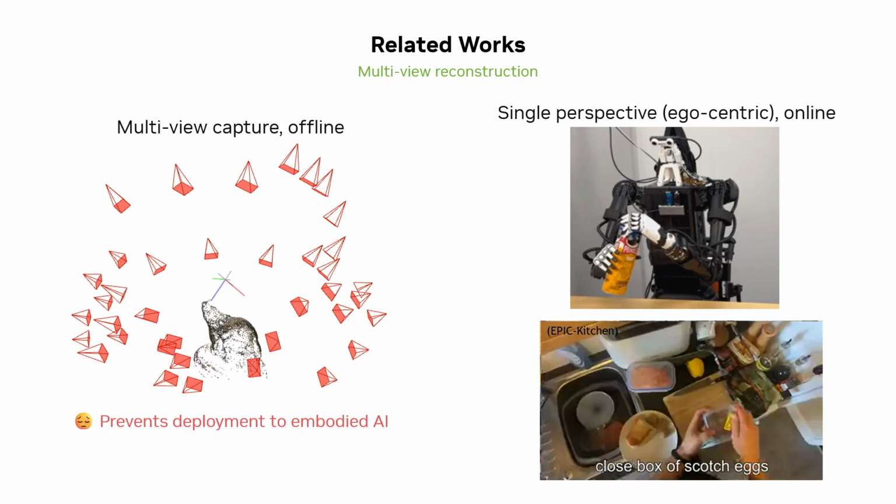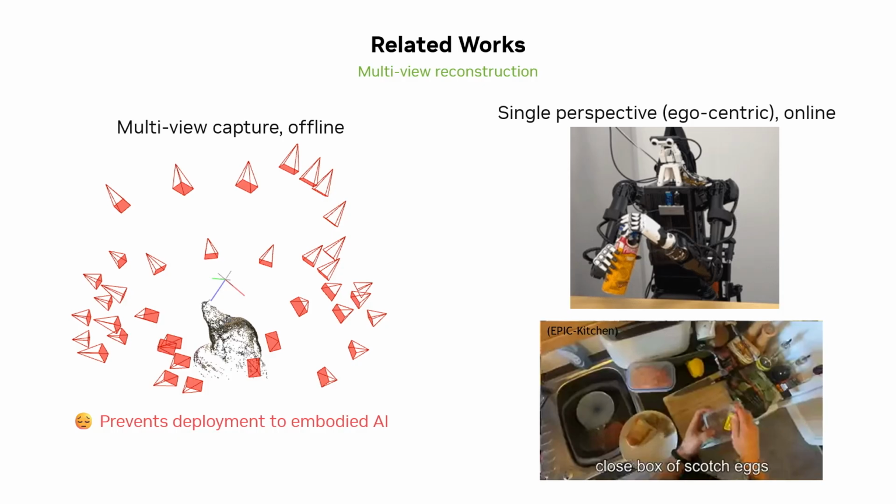There are also multiple ways of obtaining depth or 3D reconstruction. One popular way is multi-view reconstruction, for example, COLMAP or VGGT. One issue, though, is that usually this multi-view capturing requires you to offline capture multiple images with the surrounding views.